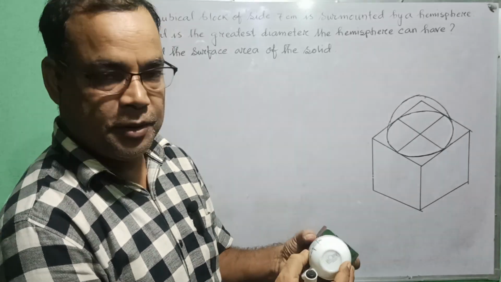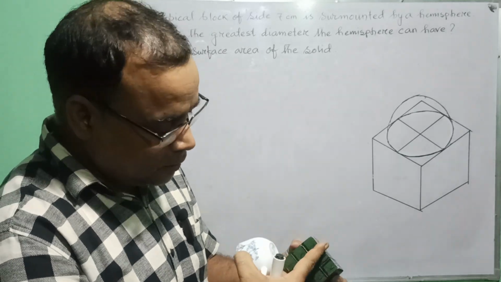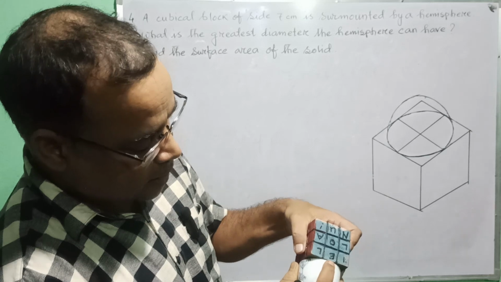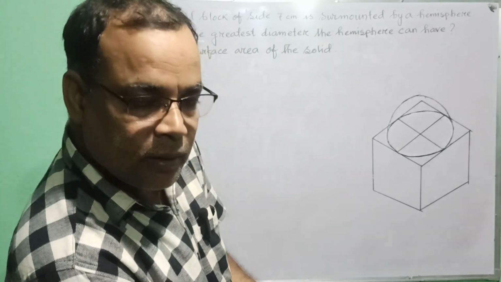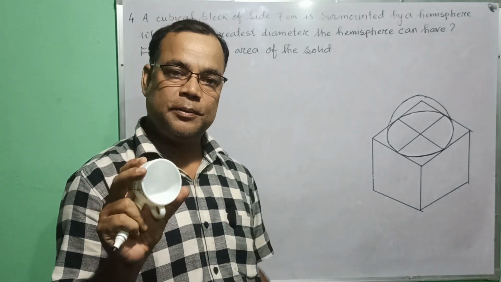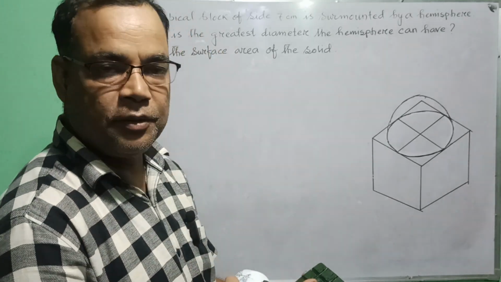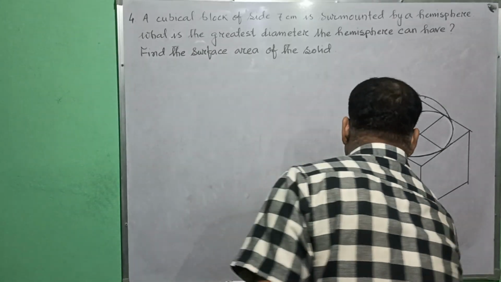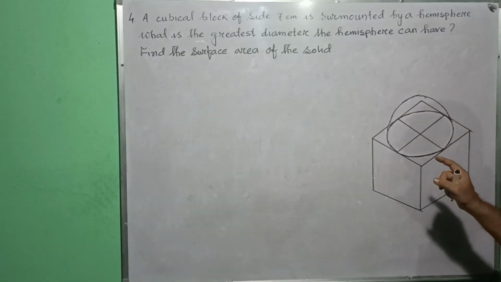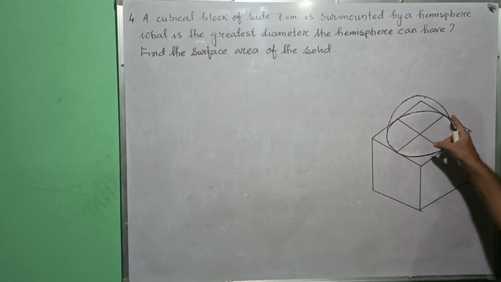The diameter of the hemisphere is equal to the side of the cube. It is fitted in this way, meaning that part is touching and that part is also touching. So the diameter of the hemisphere is equal to the side of the cube. Here you can also see these two lines I have drawn. If you want to draw, there is no need to draw these two lines.